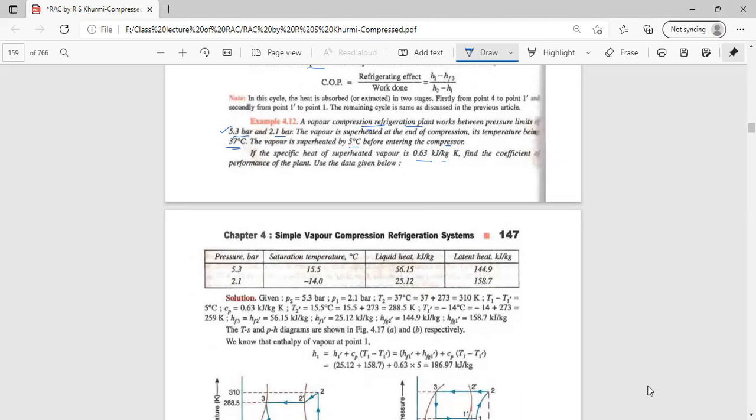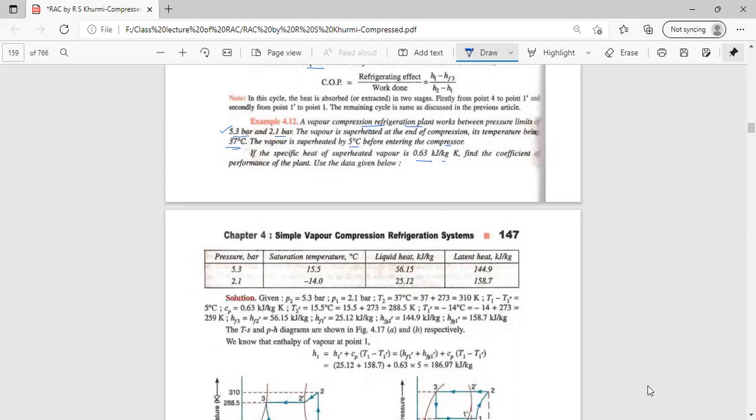The high pressure of the system is the pressure at which the refrigerant in gaseous state exits from the compressor and goes to the condenser.